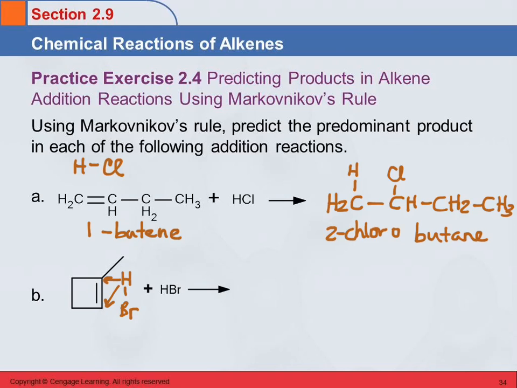Because if we look at this guy, he's got 1, 2, 3 bonds with carbons. There's got to be a hydrogen over here. This guy has 1, 2, 3, 4 bonds with carbons. That guy has no hydrogens. So the hydrogen is going to go this way.